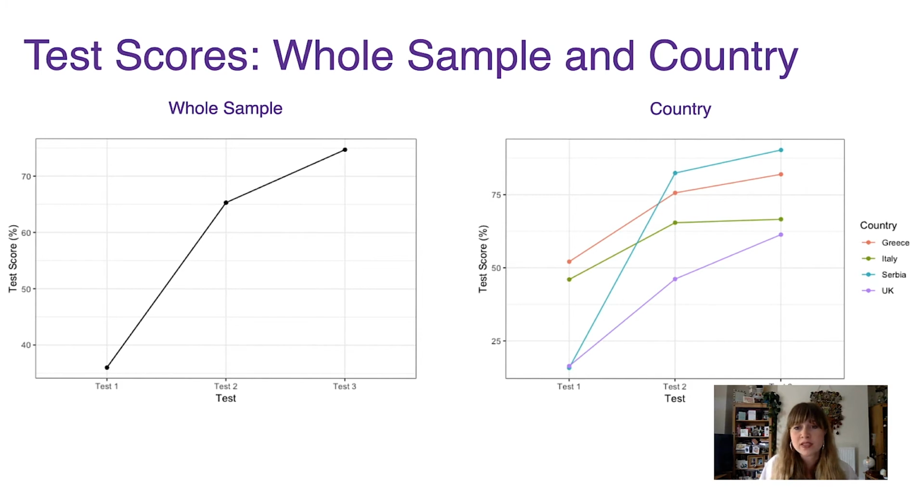In Serbia, we see this really large increase between test 1 and test 2, increasing by over 50%. And then this increases further between test 2 and test 3. And then finally in the UK, we have this more steady increase. So below 25% in test 1, just below 50% in test 2, and then it increases again in test 3.